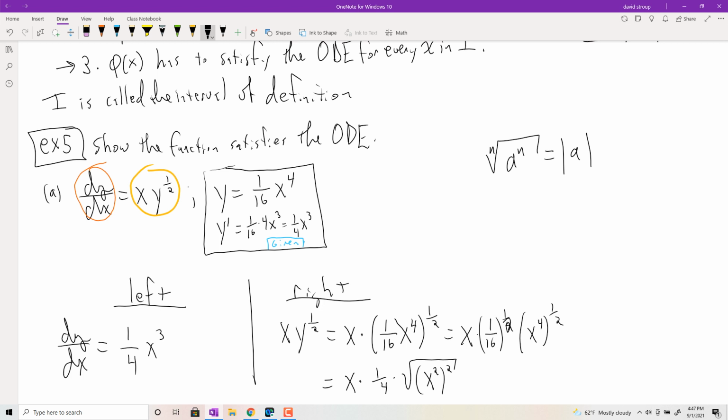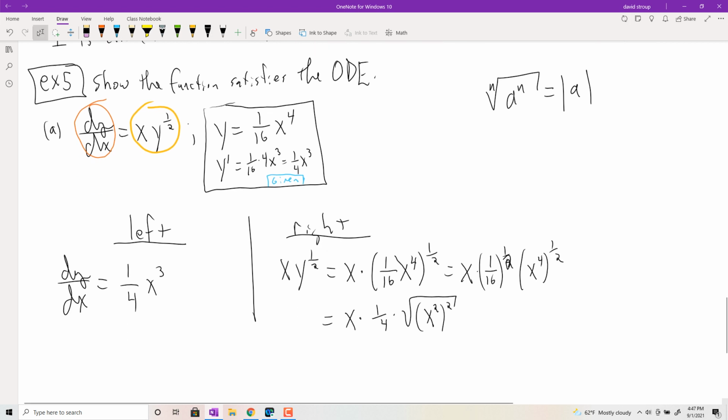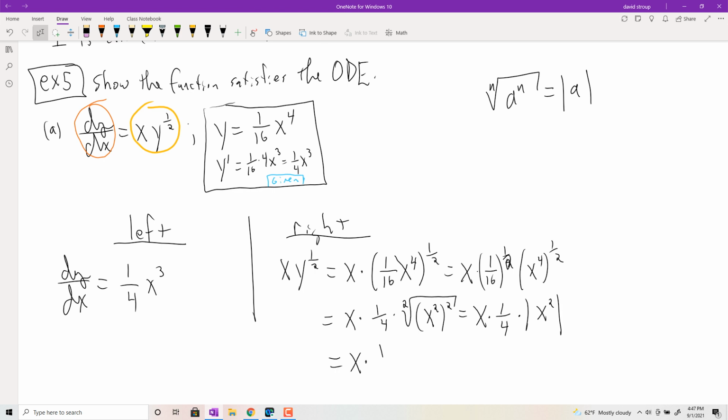So here I have, down below in my work, the square root of x squared raised to the 2nd power. So I can simplify that into the absolute value of x squared. Okay. Anything squared is positive, so you don't need the absolute value. So you can just write it as x squared. And then finally, you get 1/4 x cubed, which is basically the left-hand side.